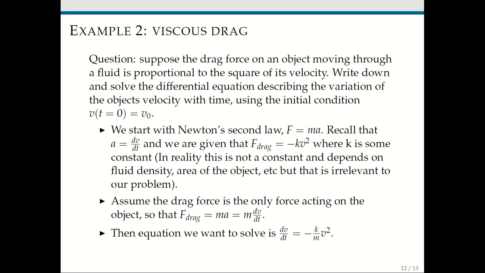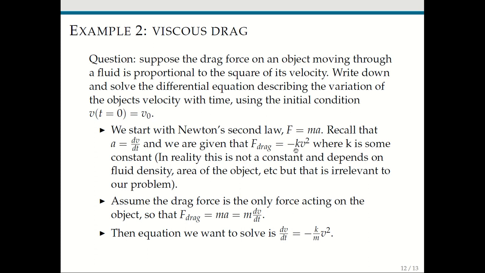To proceed, we actually have to use some laws of nature, in particular Newton's second law, which says that the force on the object is equal to its mass times acceleration. Remember that the acceleration is nothing else than the derivative of the velocity with respect to time. We're also given that the drag force is proportional to the velocity squared.